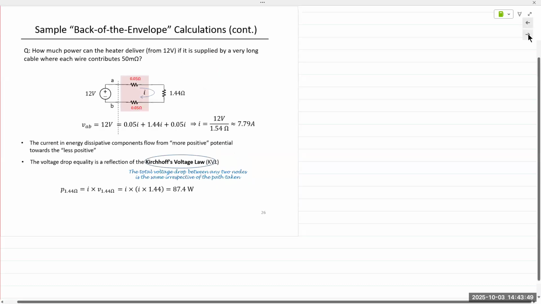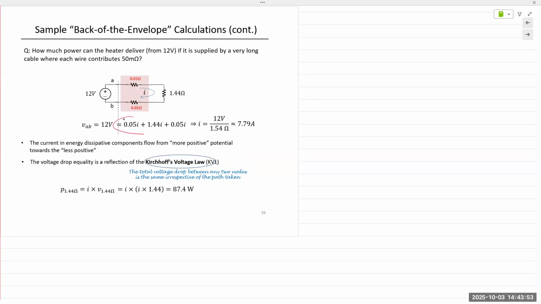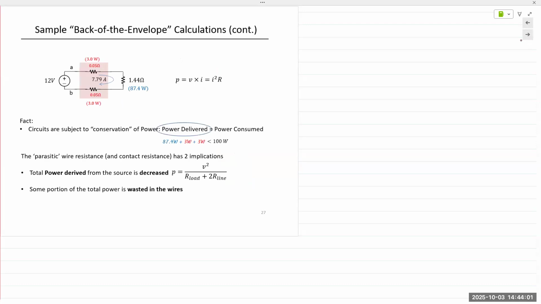How do we, this is of course something we already did. It's basically, how can we calculate the power loss in the transmission line? Well, basically, we find the current. And if we have the current, apply I squared times R, and you can calculate the power loss in the wires.